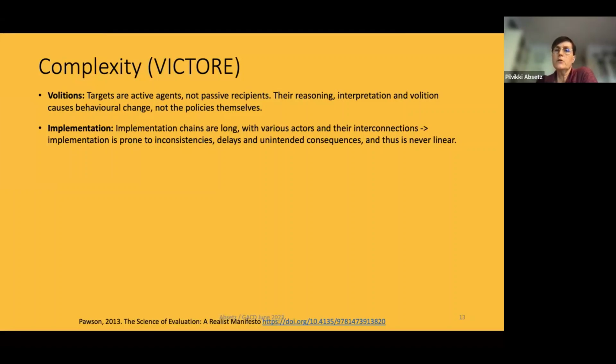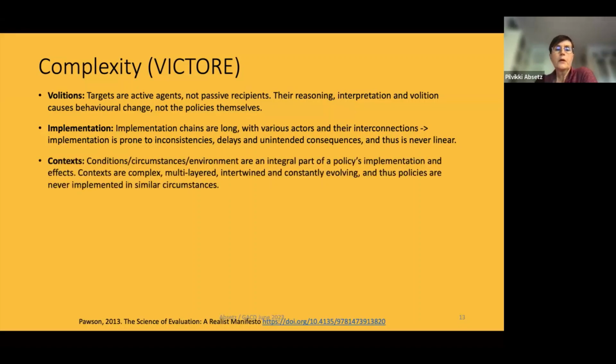Also, implementation chains are really long, and there are different actors and their interconnections, which means that implementation is prone to inconsistencies, delays and unintended consequences, and therefore it is never linear. Then, as I said, contexts are an integral part of a policy's or program's implementation and effects. They are complex, multi-layered, intertwined, and constantly evolving.